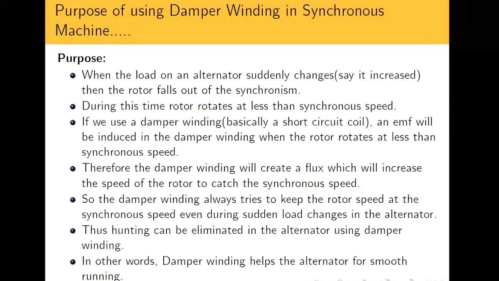That is the EMF caused in the damper winding and the EMF generated in the rotor. If these two differ, an additional EMF will be induced in the damper winding when the rotor rotates at less than synchronous speed.